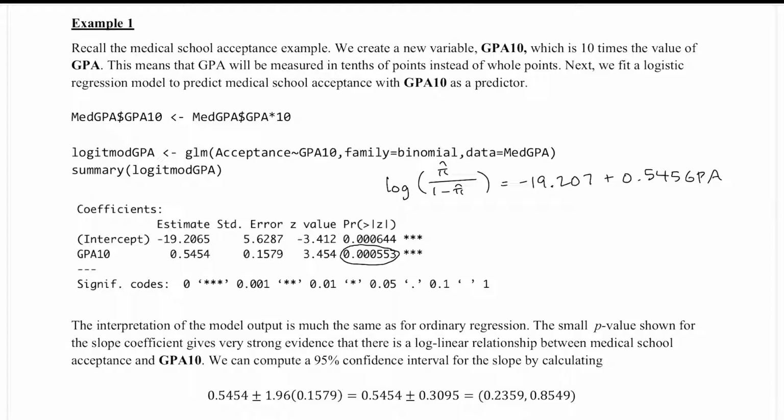We have this p-value that's got the 3 stars. It's less than 0.001. It's very small. So we have strong evidence of a log linear relationship between being accepted and GPA 10.